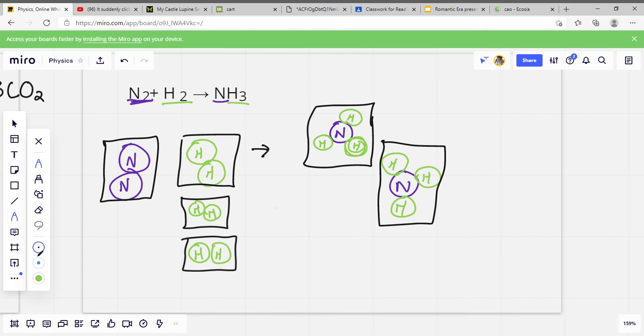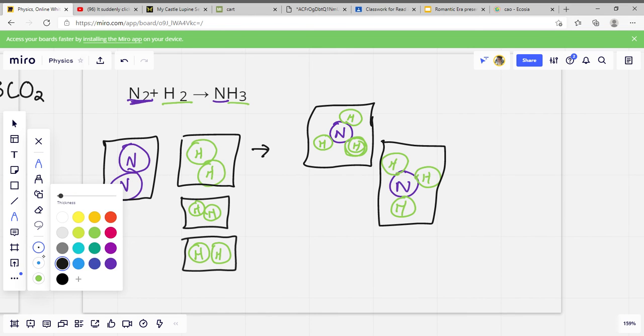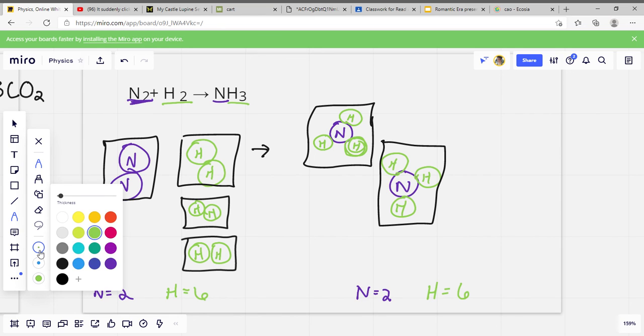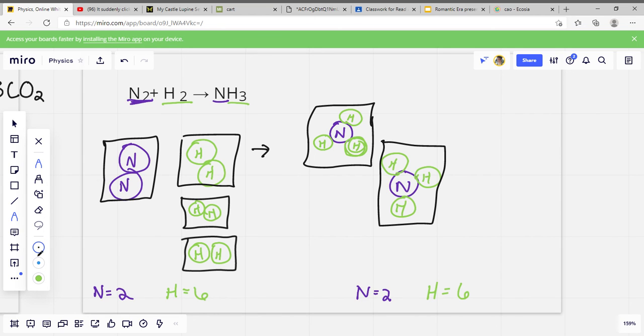Okay, I think that balanced it. Let's double check. So on this side, our N is 2, and on this side we've got N, 2 purple ones. And then on this side, our H, hydrogen, is 1, 2, 3, 4, 5, 6, total of 6. And on this side, our H is 6. Alright, so that means that when we write this out, we're going to have the N2, we only have 1 of those.